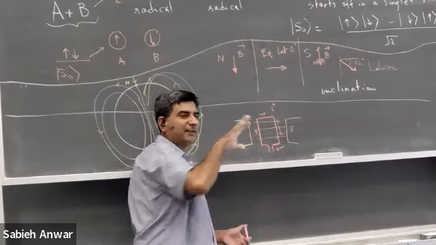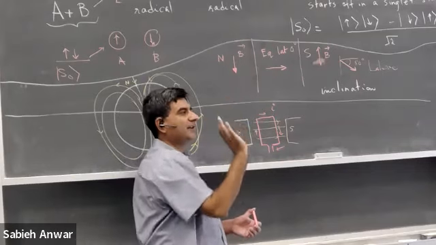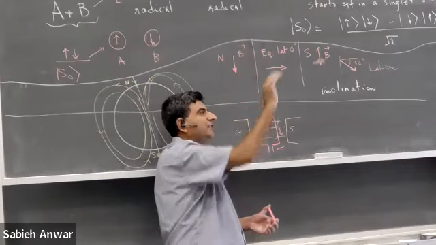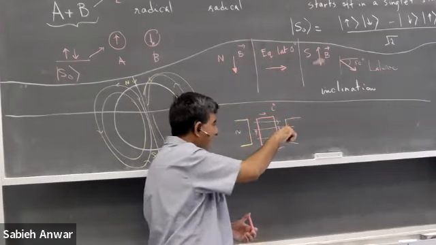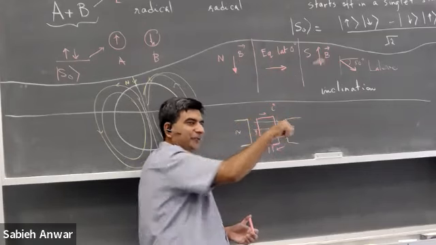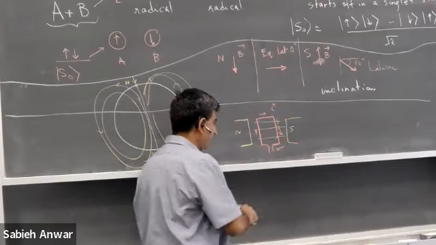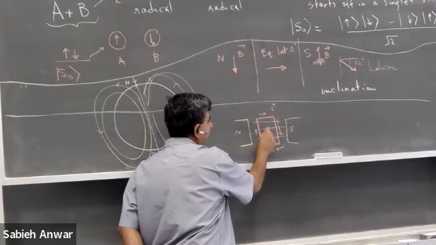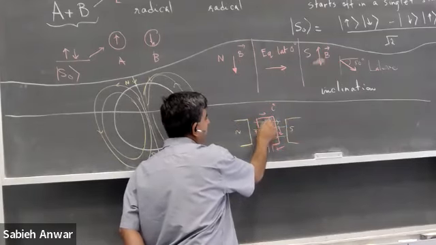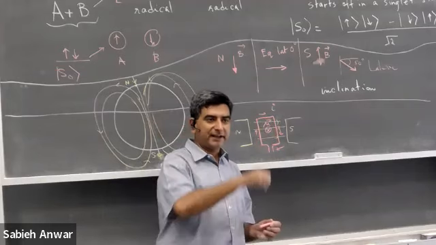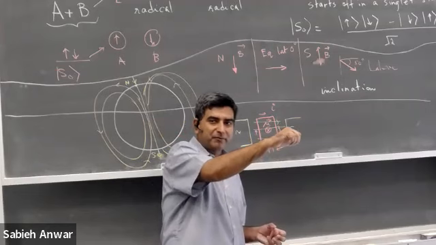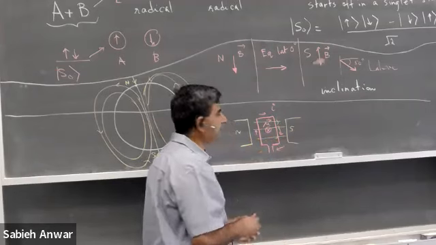Because this current carrying coil, if I wind my fingers in the direction of the current, is like a tiny magnet. The magnet in this case is pointing inwards. A magnet has a magnetic dipole moment, just like an electric dipole moment, which is pointing inwards.